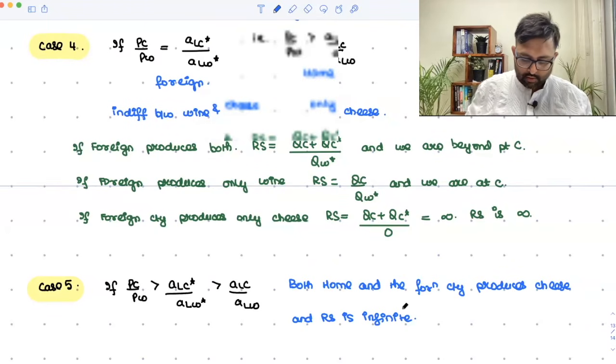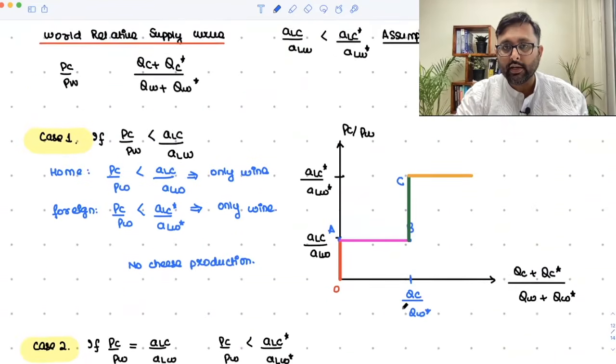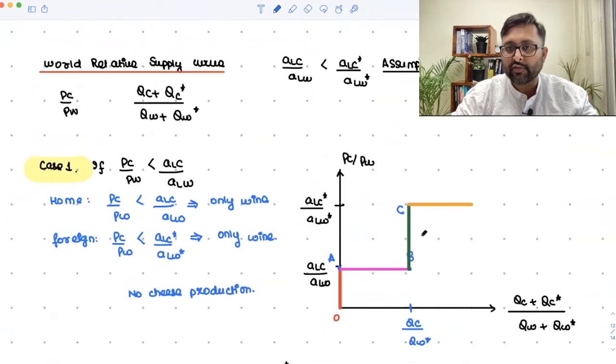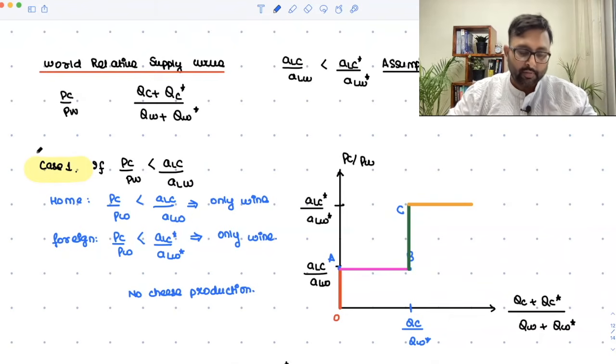Right. So this is the way you will draw the world relative supply curve. And how do you write the world relative demand curve? At every PC by PW, there will be the relative demand for cheese also, which is QC plus QC star upon QW plus QW star, right? And we will be assuming that you will have a downward sloping relative demand curve.